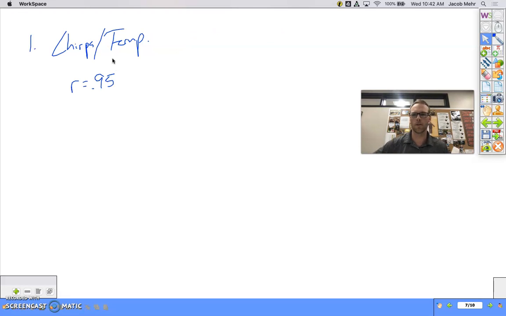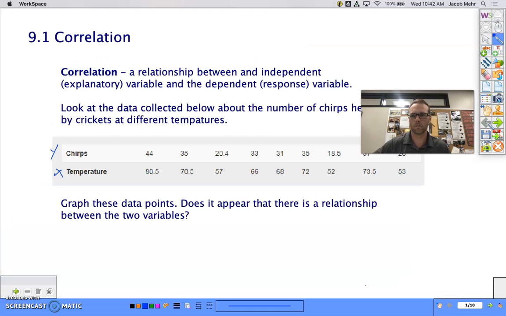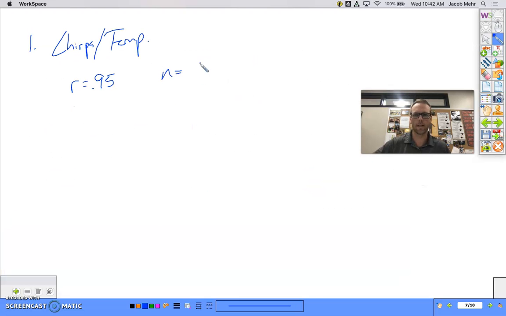So let's go back to this one. What is our N? How many data pairs did we have? 1, 2, 3, 4, 5, 6, 7, 8, 9. So N is 9. Let's set our level of significance to be 0.05.